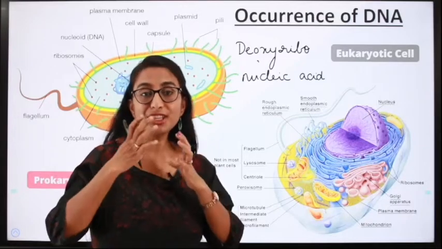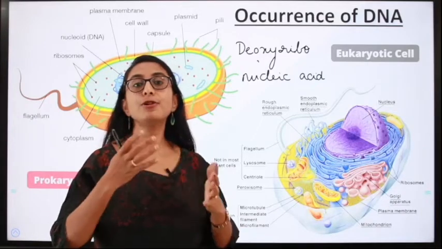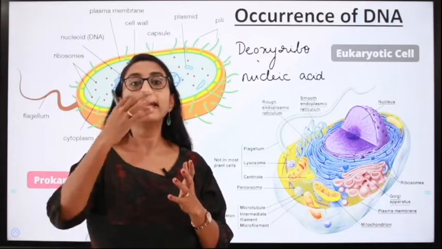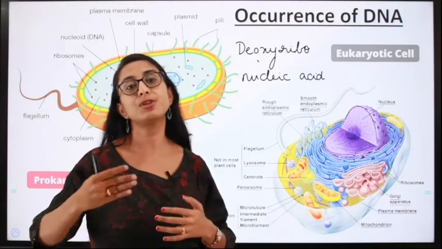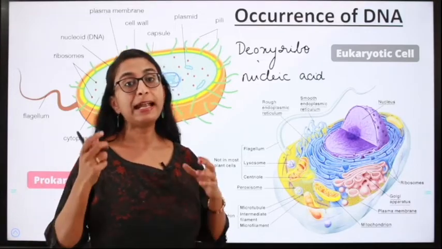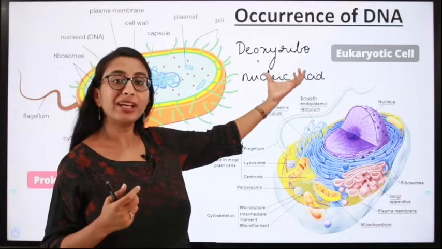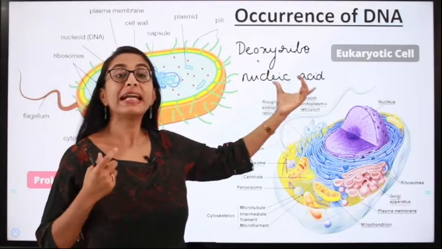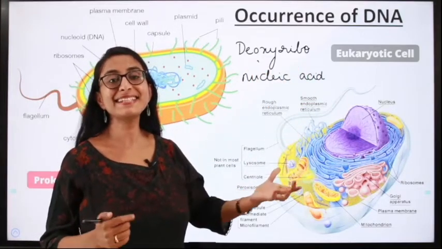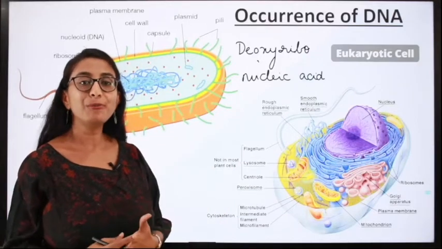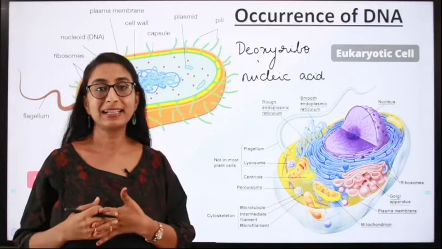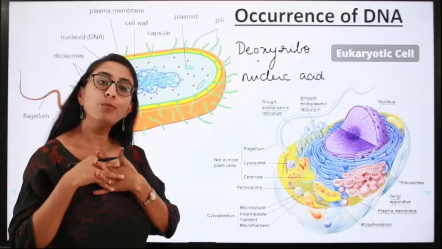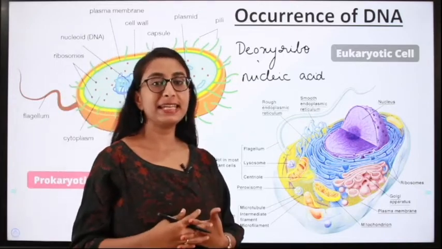So it is the genes which are responsible for transmission of the information from one generation to the other generation. And the genes are contained in this genetic material called DNA, that is deoxyribonucleic acid. The genetic material in most of the organisms is DNA.